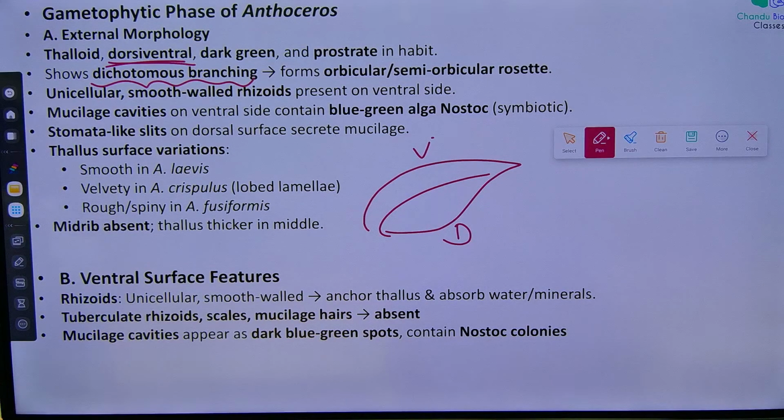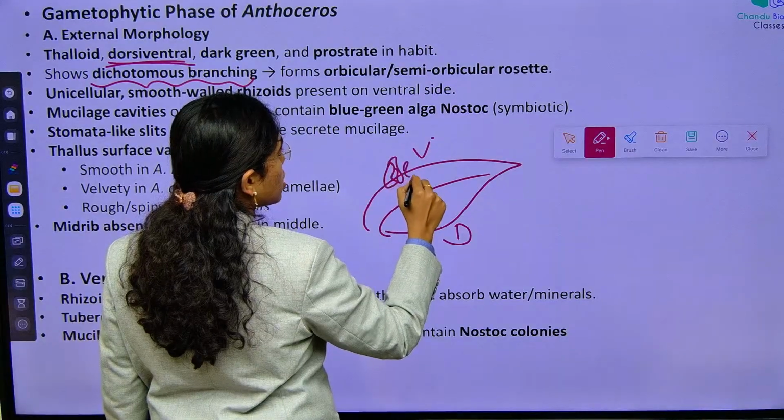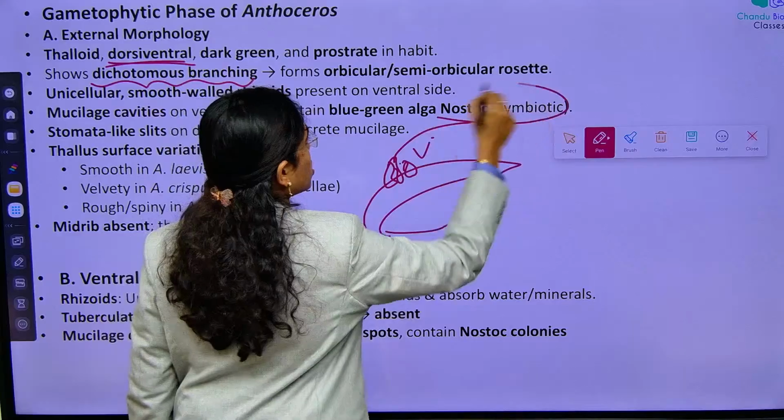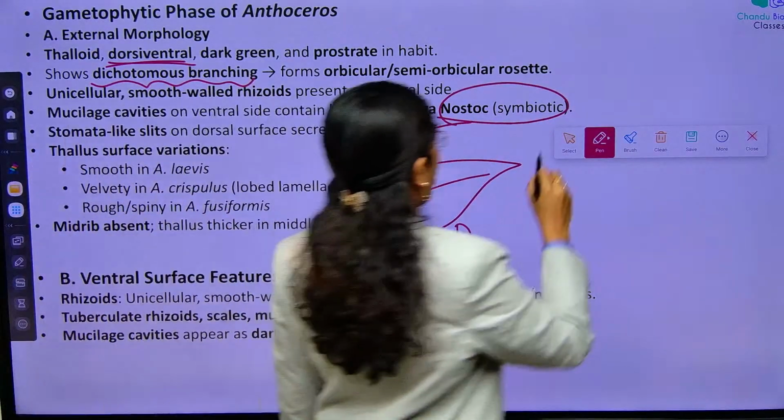If you observe the ventral surface, there are mucilaginous cavities. These mucilaginous cavities allow symbiotic association with blue-green algae, for example, Nostoc.